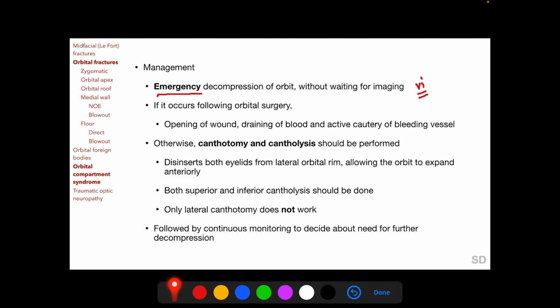And both superior and inferior cantholysis should be done. Only lateral canthotomy without cantholysis does not work for a patient with orbital compartment syndrome. Following surgical decompression of the orbit, parameters such as vision, pupillary reaction, and intraocular pressure should be continuously monitored to decide whether further decompression is required.